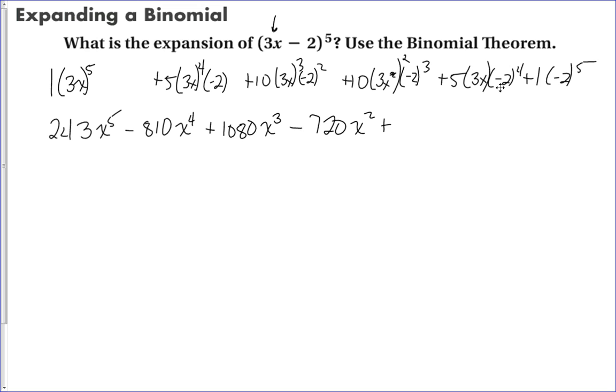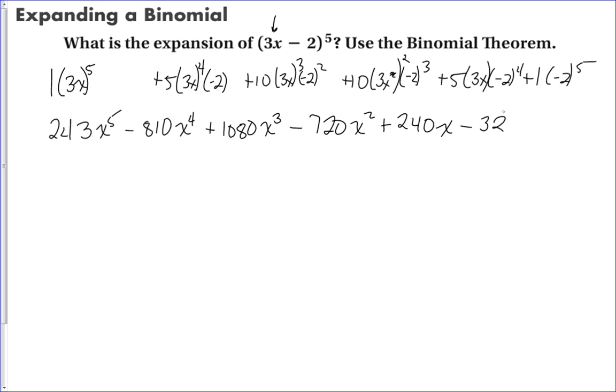So now we have 3 raised to the first, which is just 3. 3 times 5 is 15. And then 15 times negative 2 to the fourth, which is 16, will leave us with a positive 240x. And then negative 2 raised to the fifth power will be a negative number, and negative 2 to the fifth is negative 32.